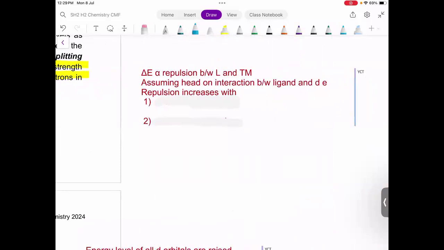If your oxidation number is more positive, then there will be fewer electrons remaining in the d orbitals. So is there more repulsion or less repulsion? Fewer electrons in the d orbitals, higher oxidation number, so there will be less repulsion, and your delta E will be of a smaller magnitude.